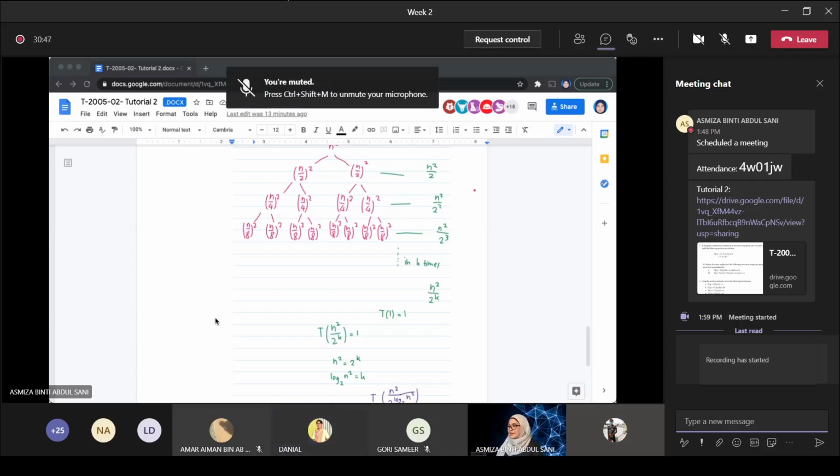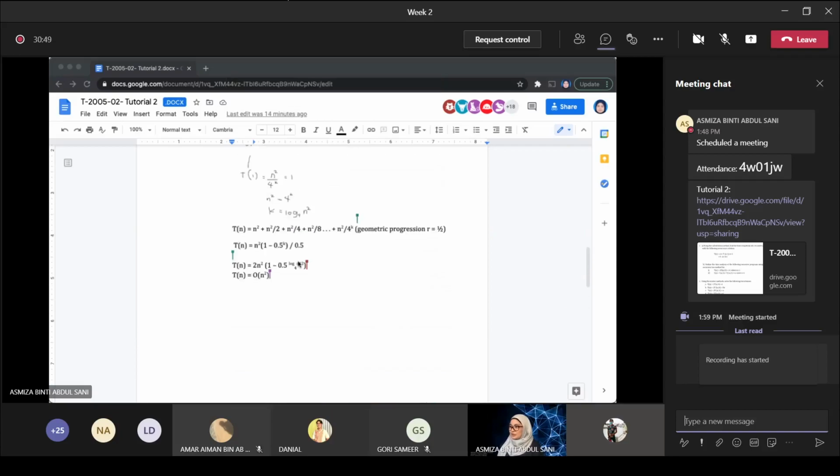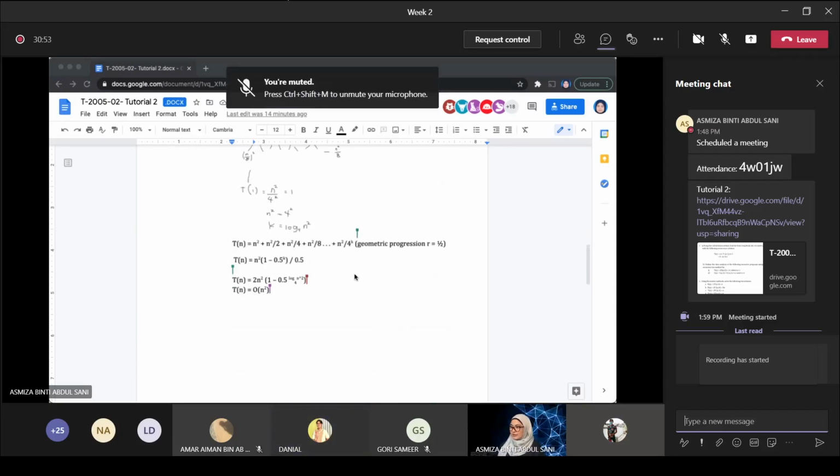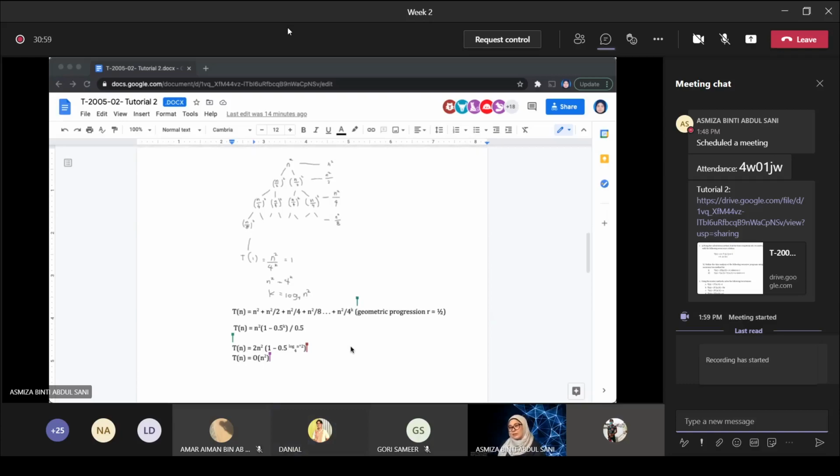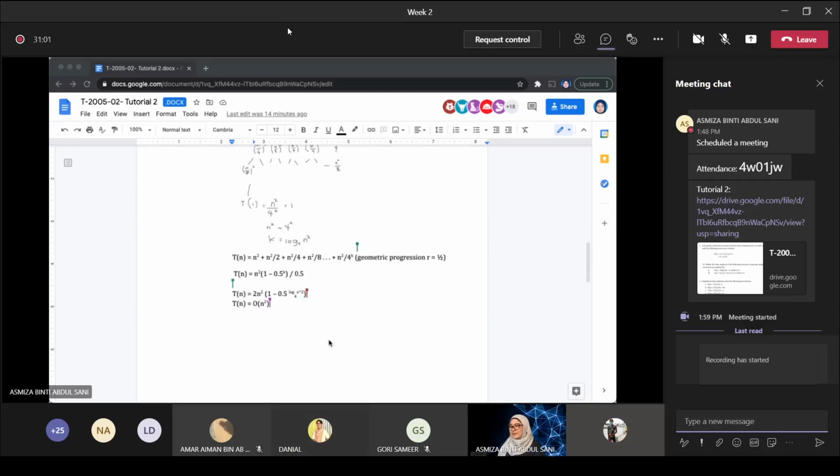Then if you plug into the equation, the last level will be n squared over 2 to the power of k, for your cost of all the level. Then you can plug in k as log n, and use the GP to solve and find the highest order term. Okay.